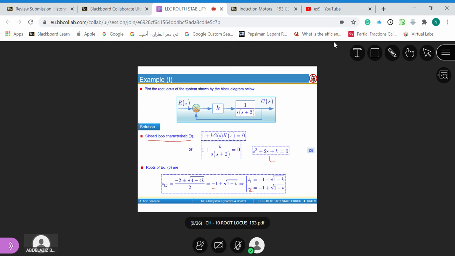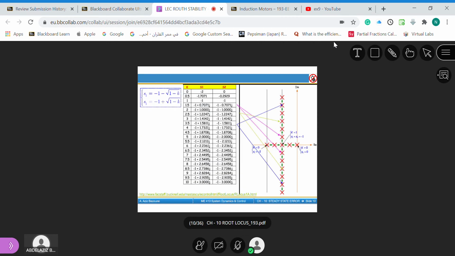Clear, guys? Here we have this equation and this is what we get. S1 will be -1 minus the square root of 1 minus K, and then we change the value of K. If K is equal to 0, what will be S1 here? S1 will be -1 and -1, right? It will be -2. We are taking K equal to 0.